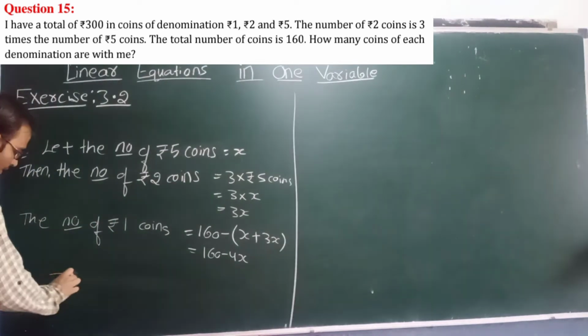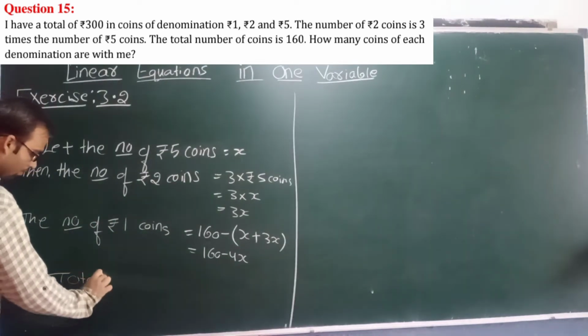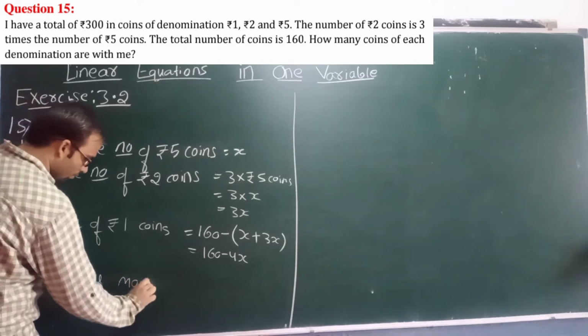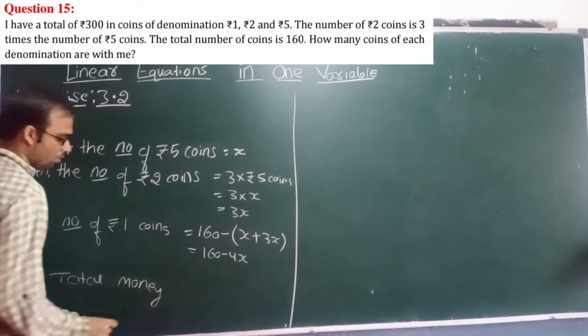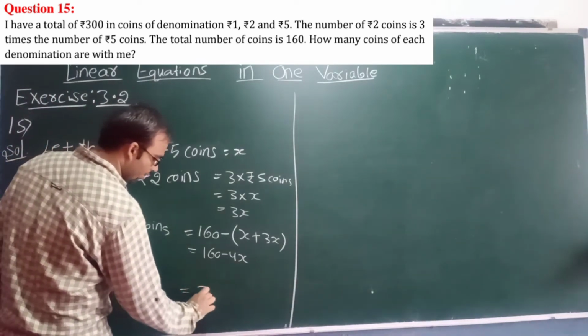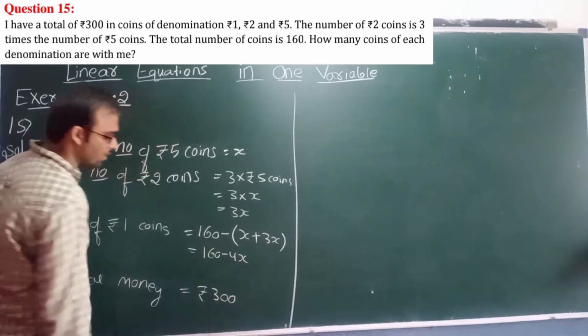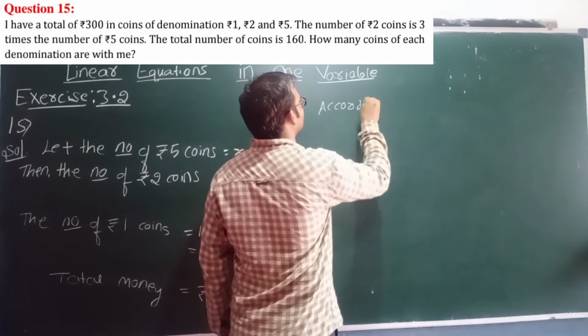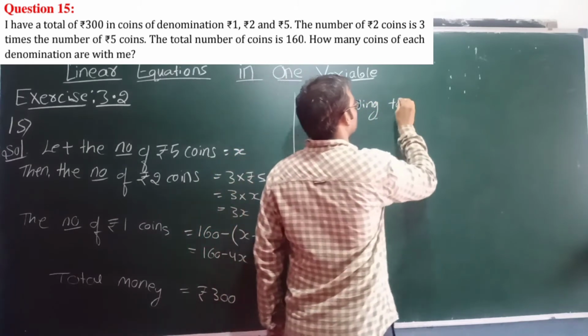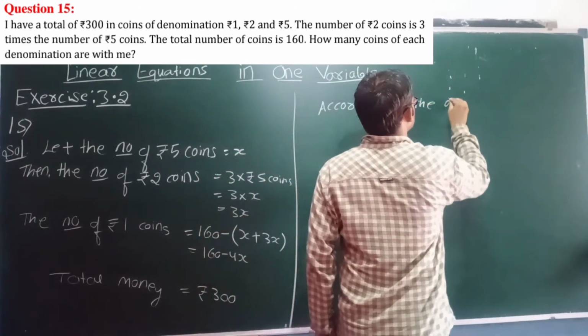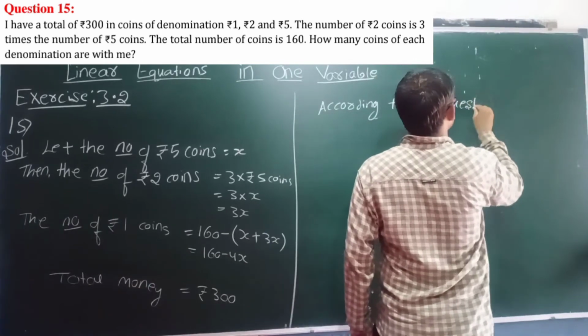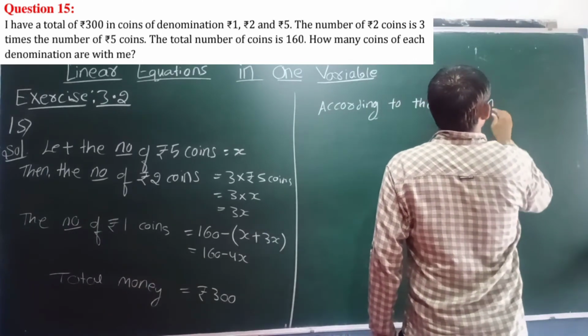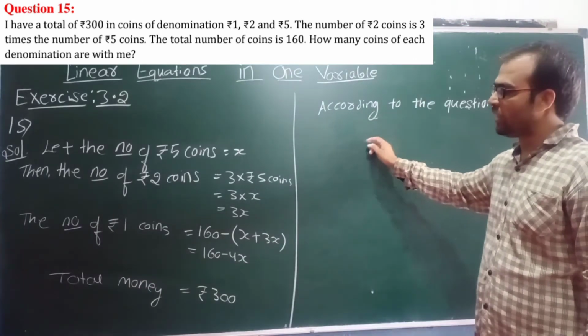Okay, so now total money. Okay, so what is the total amount? 300 rupees. According to the question, students, how many 5 rupees coins are there? x, no?